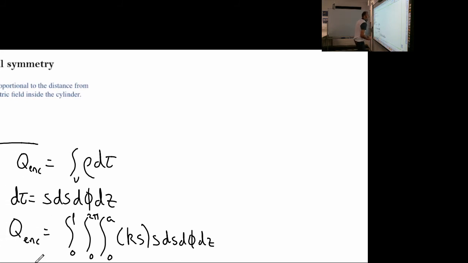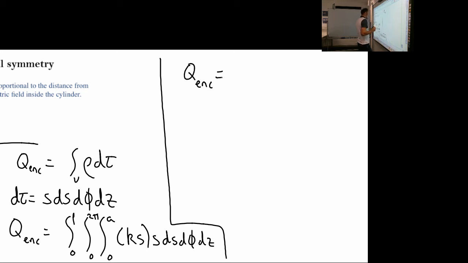So just following on with this integral, the total charge enclosed will be equal to 2 pi L k times a cubed all over 3.